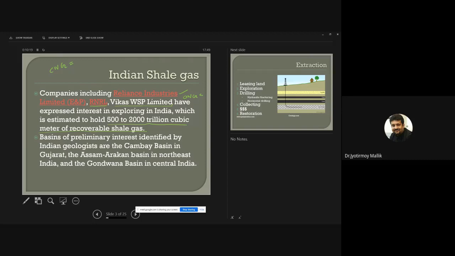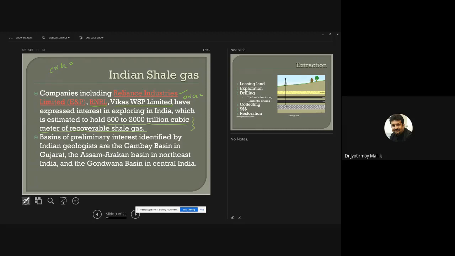If you burn gas, it of course emits less carbon dioxide into the environment. So the demand for gas has started to increase in the last 10 years or so, and more than oil actually. And then the relevance of shale gas, coal bed methane, and tight gas has also increased. So India is looking seriously into shale gas.